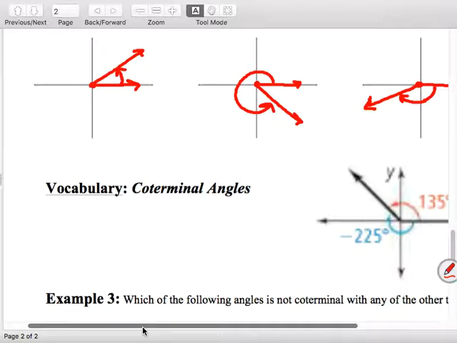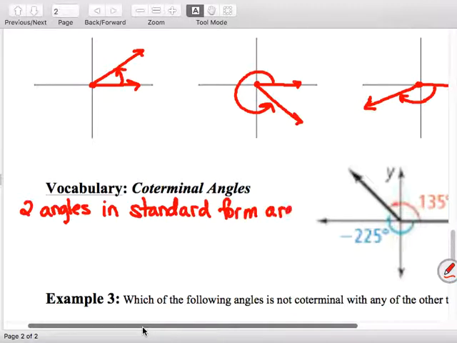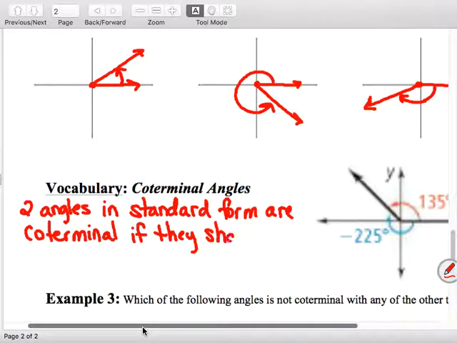All right, two angles in standard form are coterminal if they share the same initial side and terminal side.